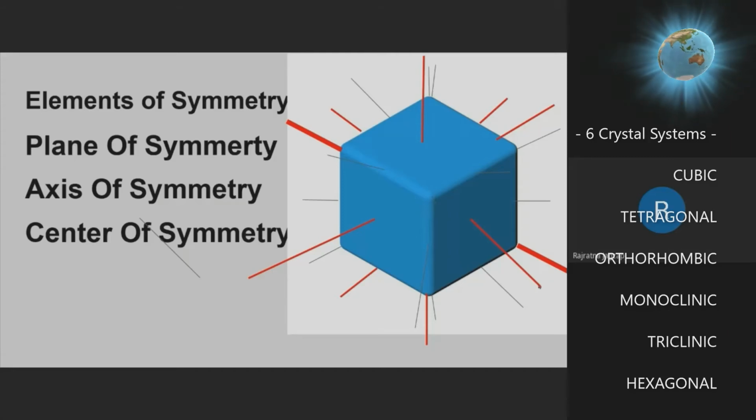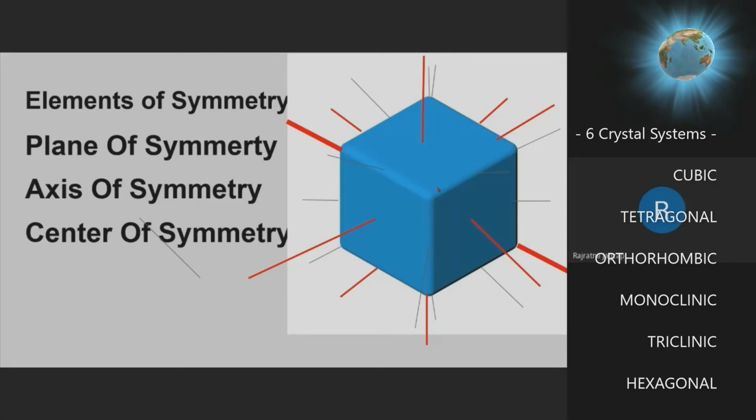If you check the behavior of this axis, it goes in, ends up in the center and comes back out, passing through the center. So this also goes through the center. This becomes an axis of symmetry which goes through the center of symmetry. So imagine that you are at the center.